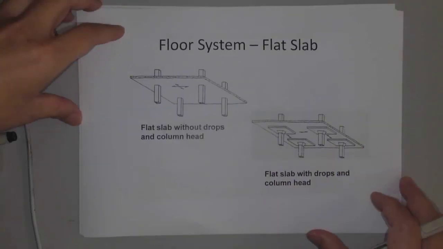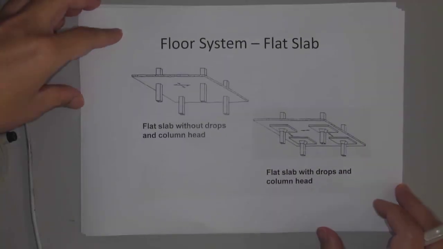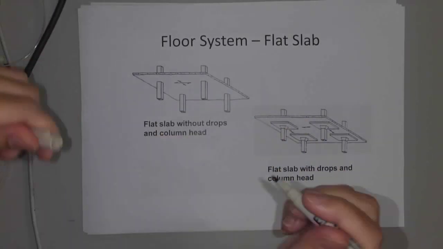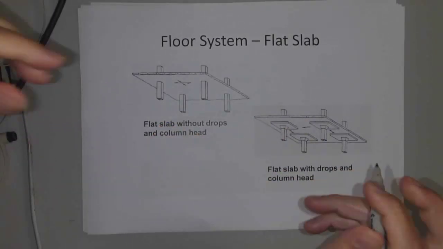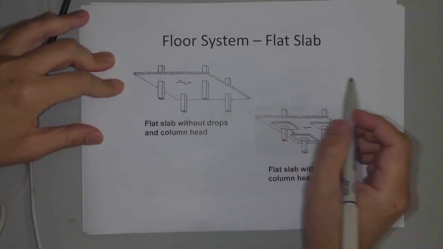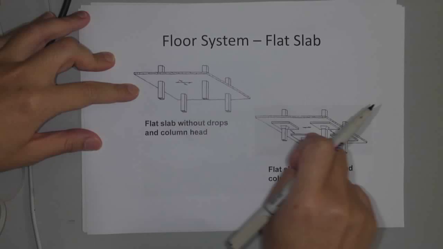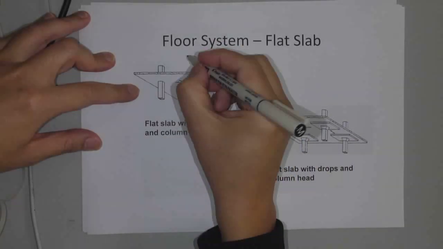Right, so on the first slide here, you have definitely seen this before in your concrete course. To be more accurate, this one is not a flat slab. This one actually is a flat plate.